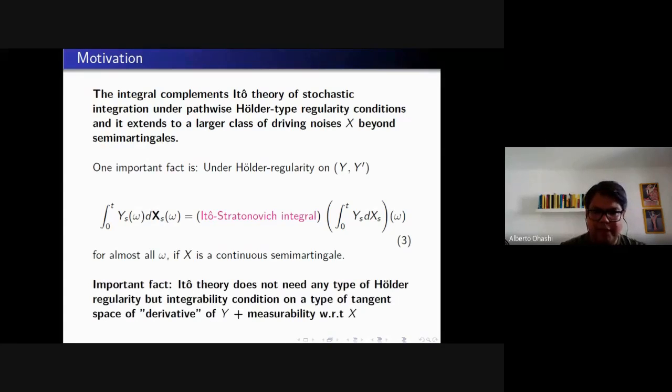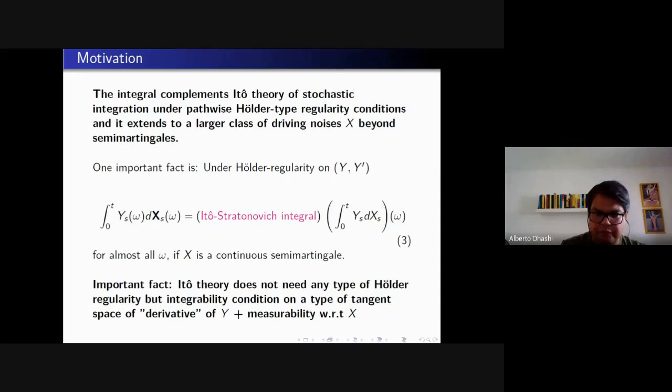An important fact I just want to recall is that Ito theory does not need any type of Hilbert regularity, but only an integrability condition on a type of tangent space of the derivative of Y, plus some measurability conditions with respect to the driving noise.